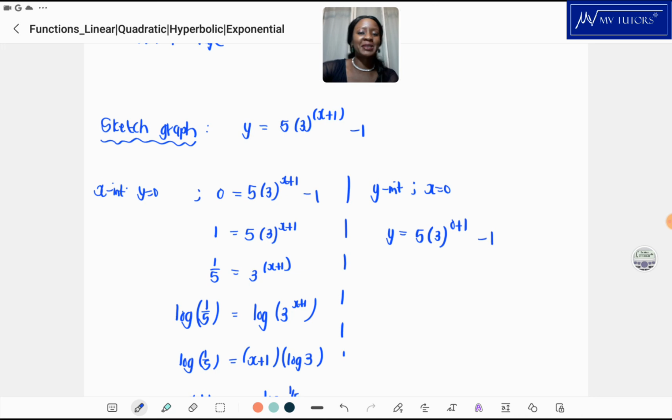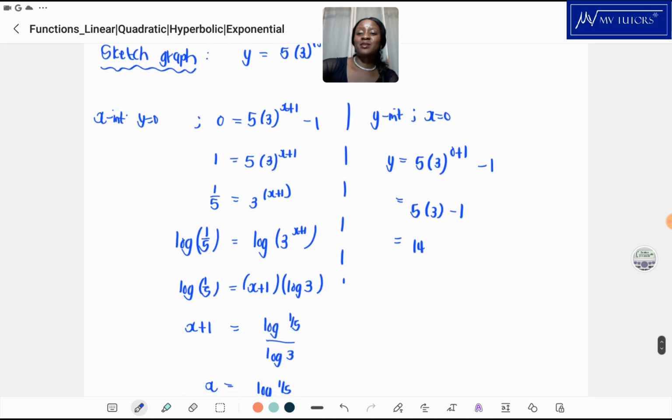This one is actually much nicer. So I have 5 times 3 minus 1. Oh, this is just amazing. So 5 times 3 is 15. 15 minus 1 is 14. So this is way better than the x. So we're going to have 0 and 14. Those are the x and y intercepts.